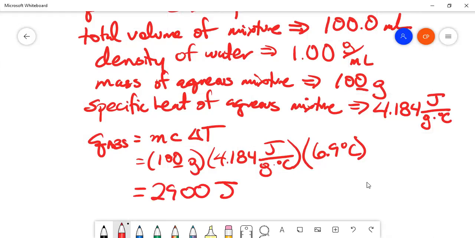If you put 2890 or 2887 into Sapling, Sapling probably won't be mad at you. Sapling's not bothered with extra significant figures running around. Okay, questions?